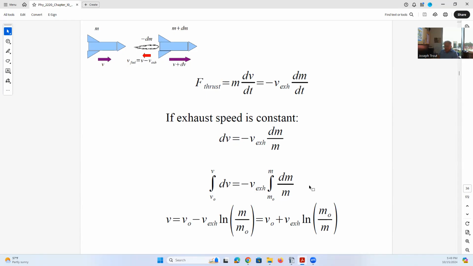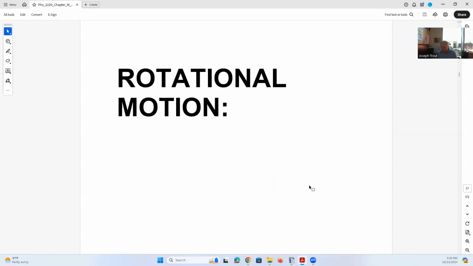If we switch the order and make the numerator the denominator and the denominator the numerator, it would reverse that negative sign. So our final value is that our velocity equals our initial velocity plus the exhaust velocity times the natural log of our initial mass over our final mass.